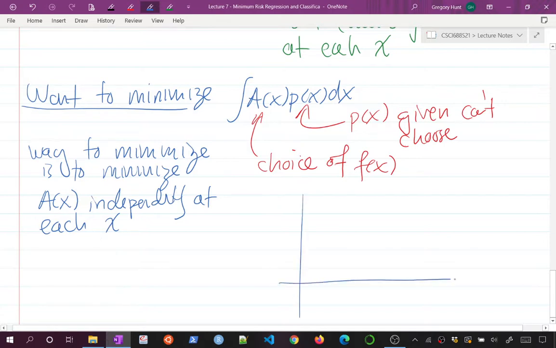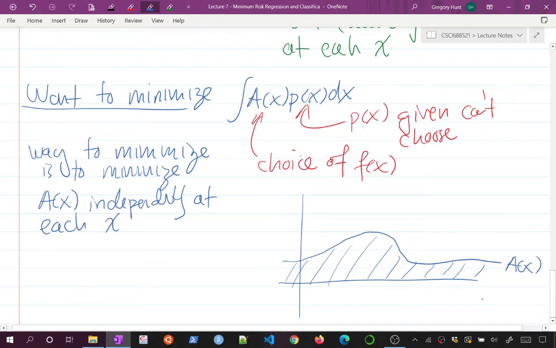So if I basically have, we can basically ignore this, the p of x. We can't choose it. It's just going to be multiplied by our numbers. It's always going to be the same. But we have some way to affect a, right? And so I'll have some function, say in the univariate case, that looks like I have x. And I basically want to minimize, imagine, let's say p of x isn't there. You basically want to minimize the integral or the area under it.